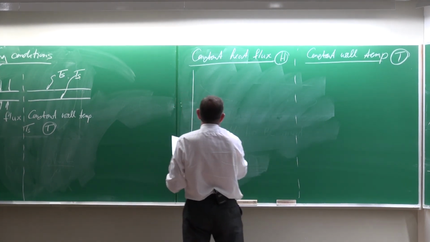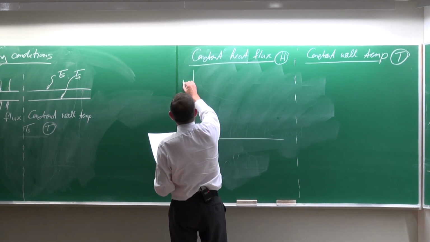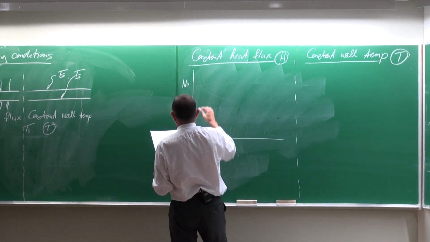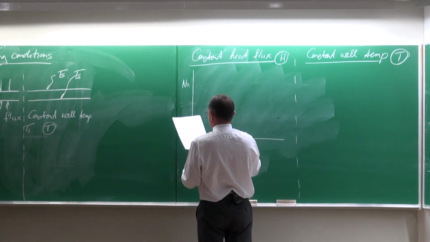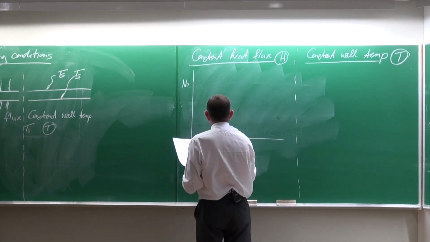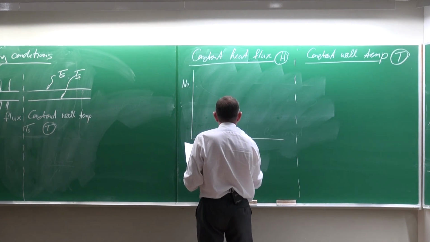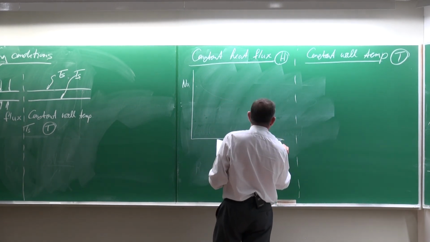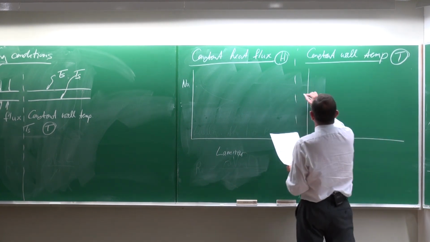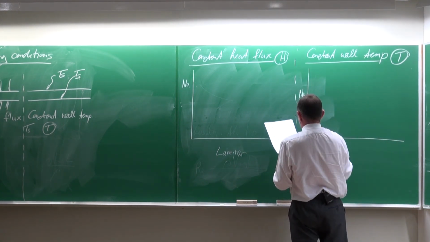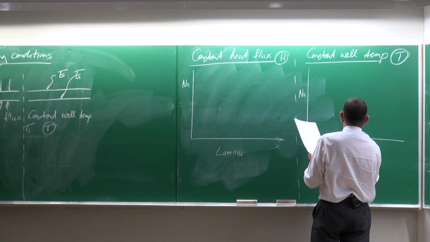If we look at typically the Nusselt numbers, take note, this is for laminar flow, and that's a function of x. And this would also be the Nusselt number as a function of x.